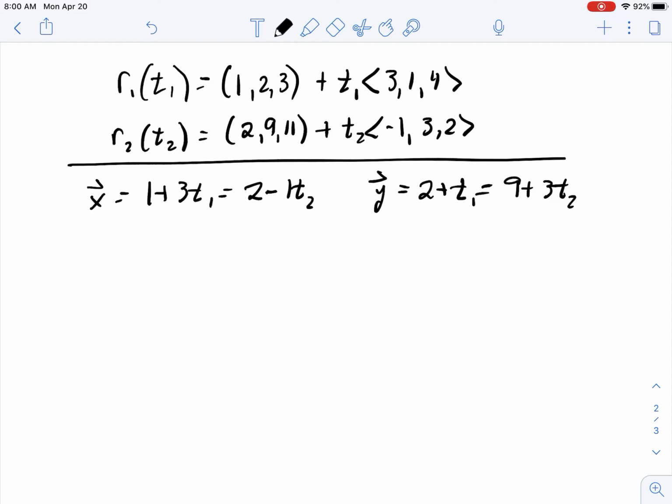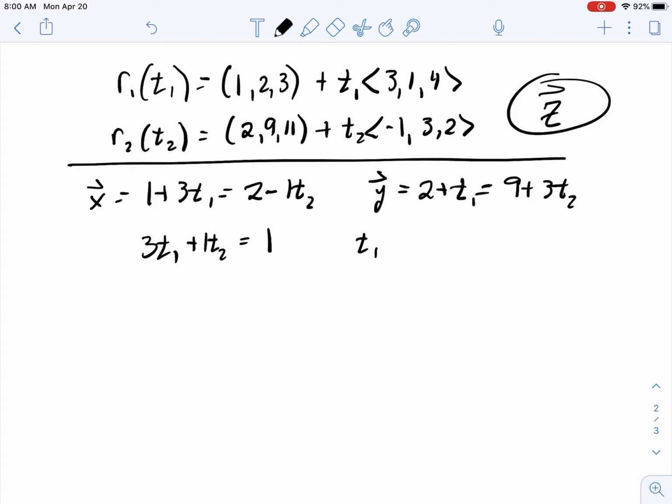Now again, we will use Z components to check, but I'll write those down later. So let's go ahead and clean this up. So what I have here is 3t1 plus 1t2 equals 1.